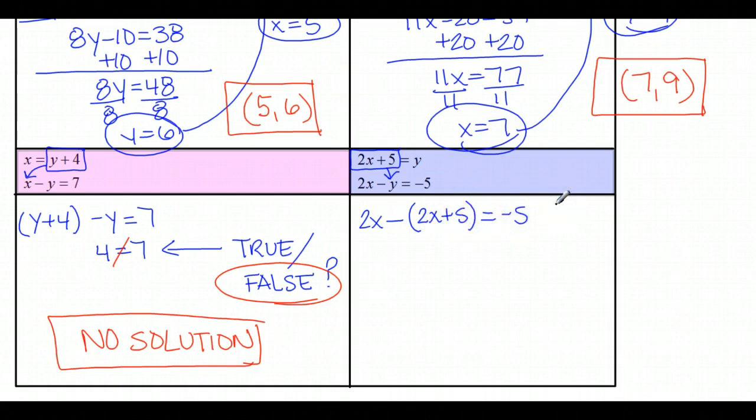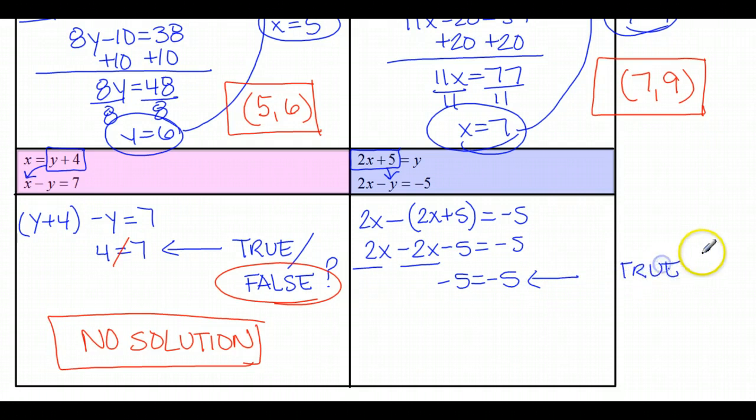So now we're going to go ahead and distribute this negative. 2x minus 2x minus 5 equals negative 5. Well, 2x minus 2x go away, so we're left with negative 5 equals negative 5. Again, is this true or is it false?